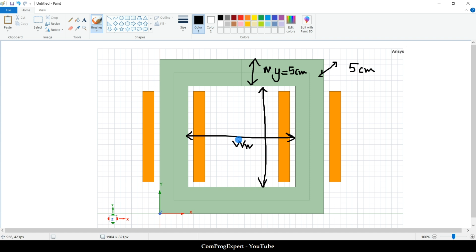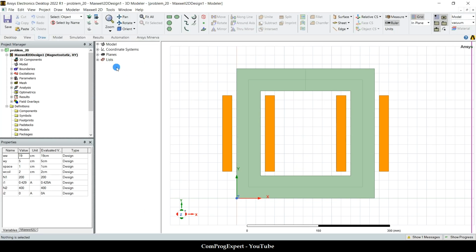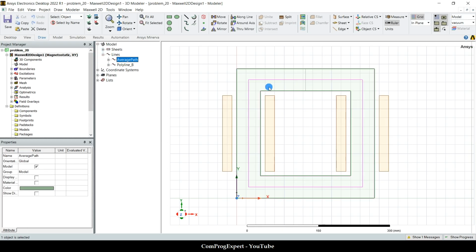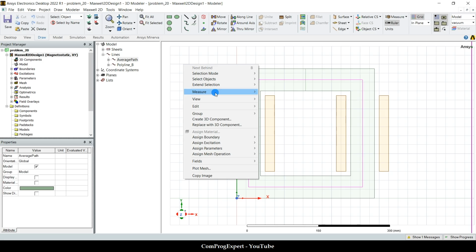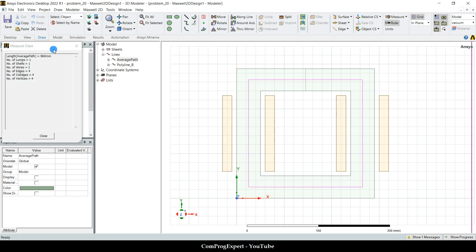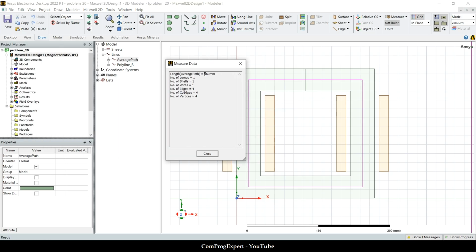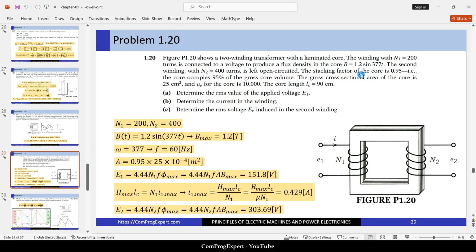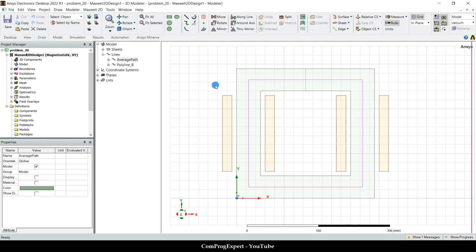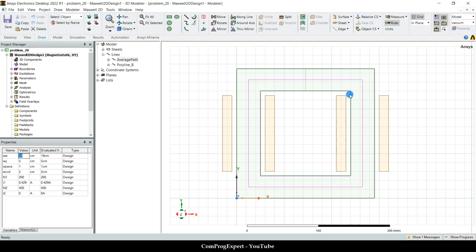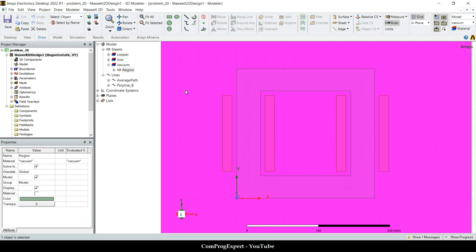I have set the width of the window in such a way that I get this mean length for the average path. The mean length is 96 centimeters, close to this one. Here we have 90. Okay. And you can change this number to adjust the average path length equal to 90 centimeters.